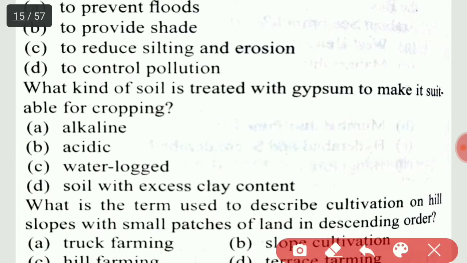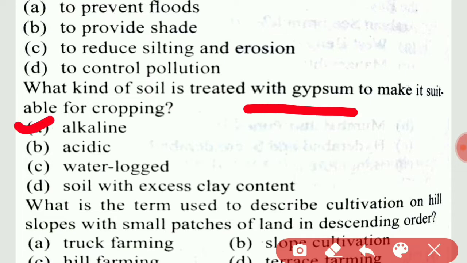Next, what kind of soil is treated with gypsum to make it suitable for cropping? Option A, alkaline.